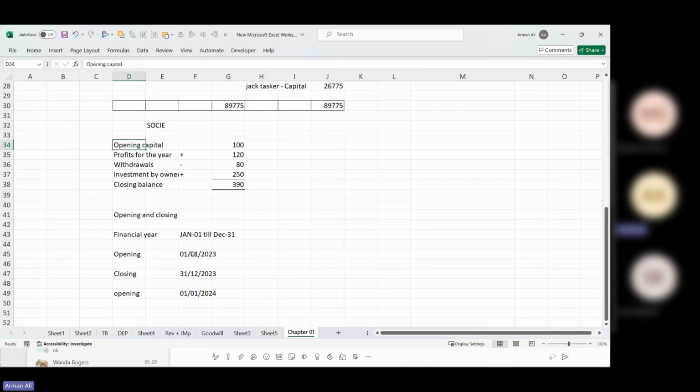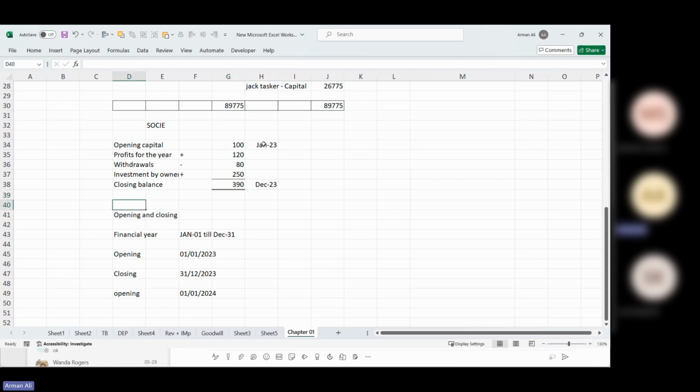So opening capital is the one which is on the opening date. For example, January 2023 first, and this would be your December 2023.